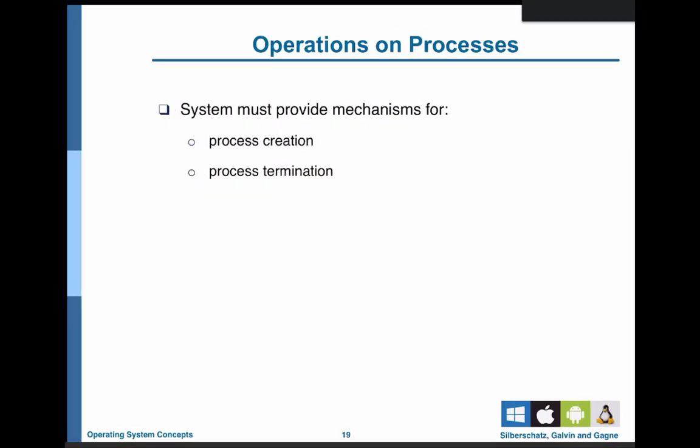Operations on processes include process creation and process termination. A program loaded into memory becomes a process, and this process can create other processes called child processes. Each process can be identified and managed by the operating system via a process identifier (PID).